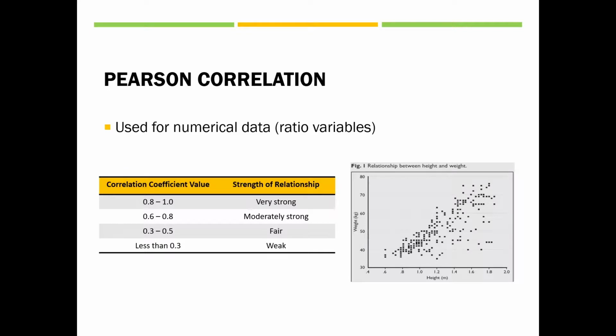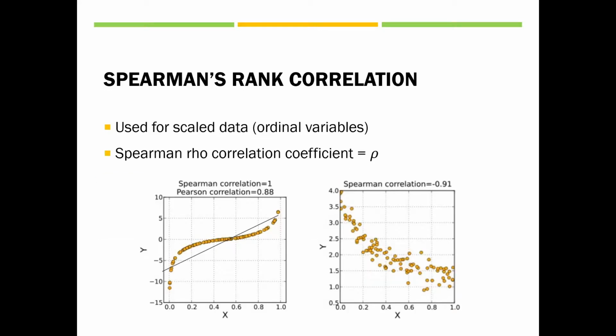Close to 0 means a weak correlation. In the middle might be, kind of average, moderate correlation. Close to 1 or close to -1 is a very strong positive or negative correlation. So a positive number means it's a positive correlation. A negative number means it's a negative correlation.